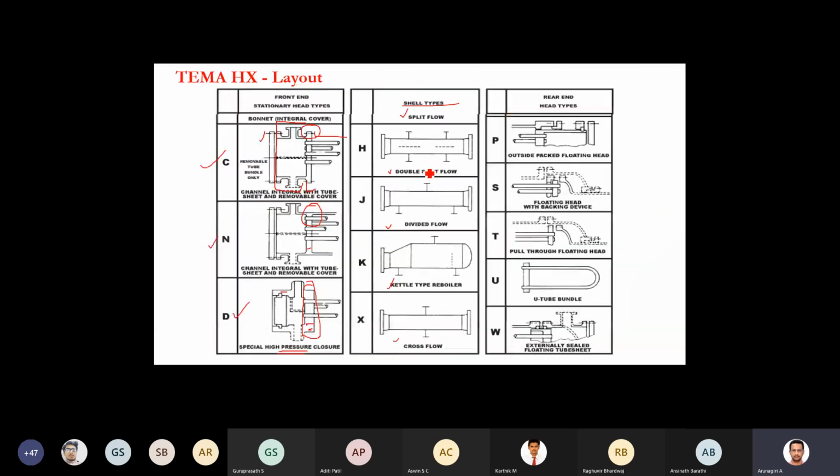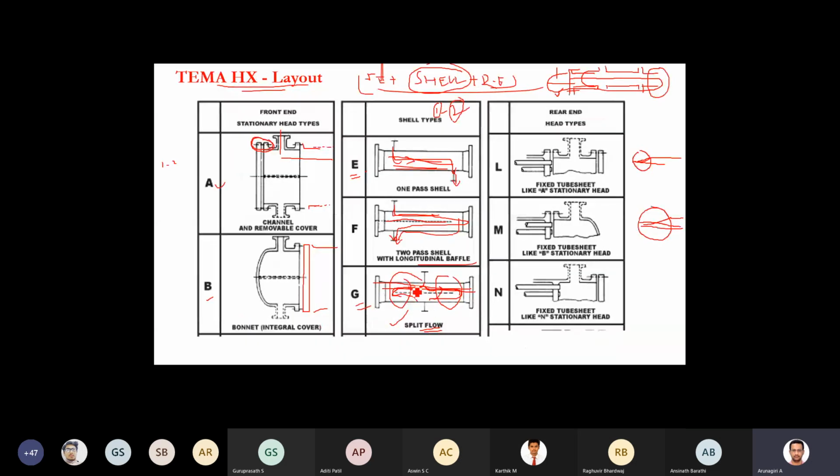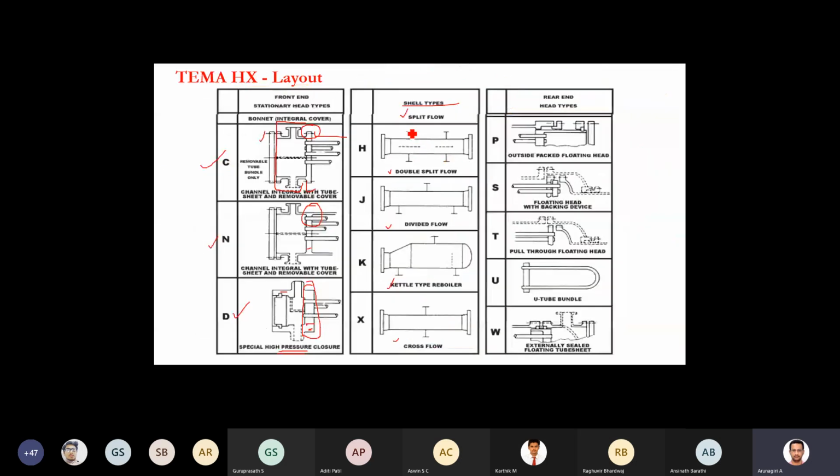Okay, so here in split flow, another one you have is the double split flow. Here the shell side fluid is entering two times. So your mass flow rate is divided here, m by 2, and this is m by 2. So here you have the flow arrangements like this.